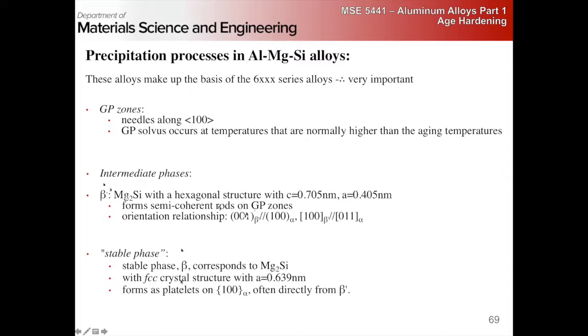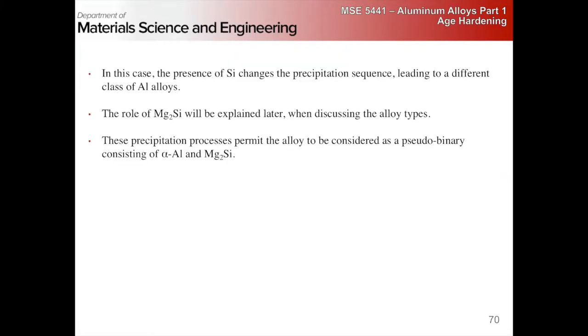The stable phase is also a beta phase with an FCC structure, with a much smaller lattice parameter than beta in plain aluminum-magnesium, and it forms as platelets directly from the beta prime. So the presence of silicon changes the precipitation sequence.